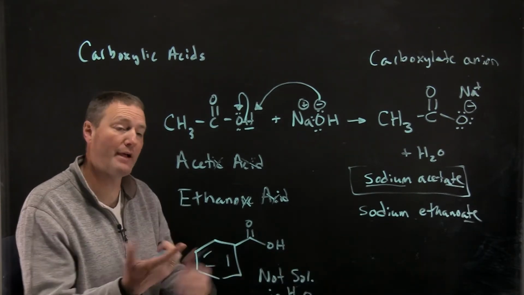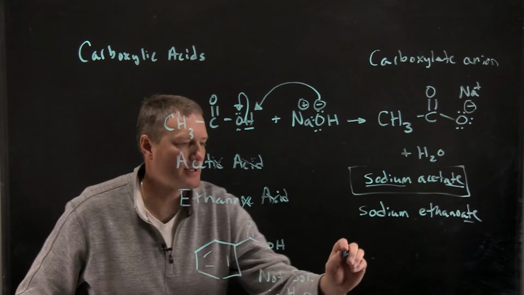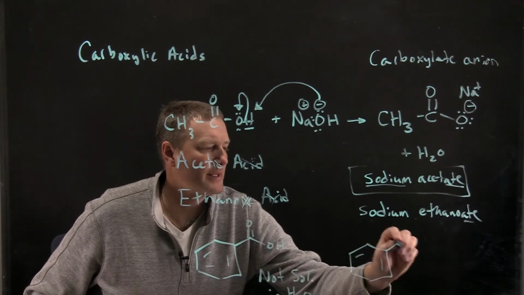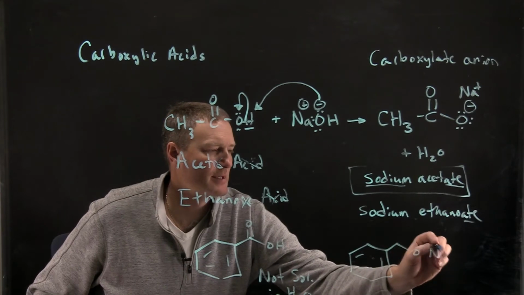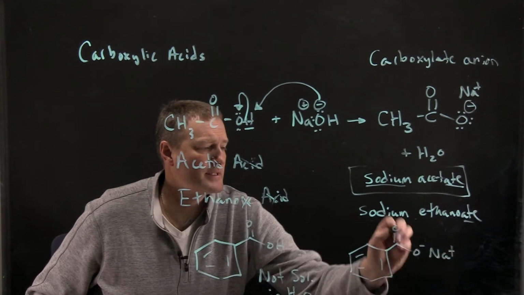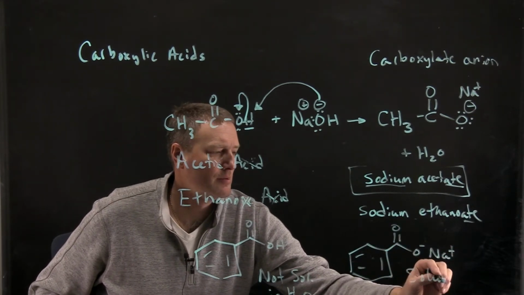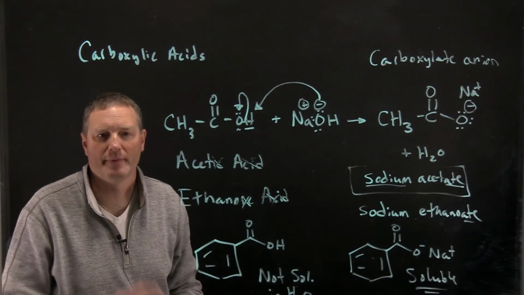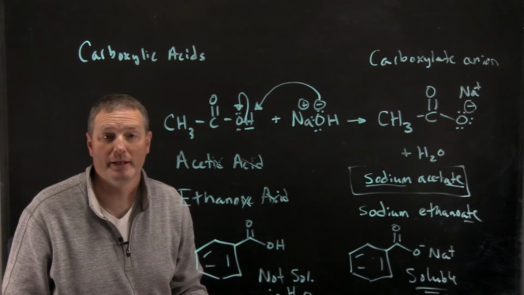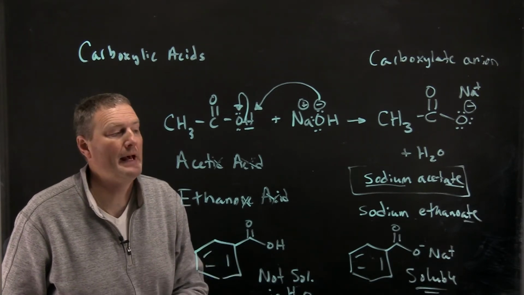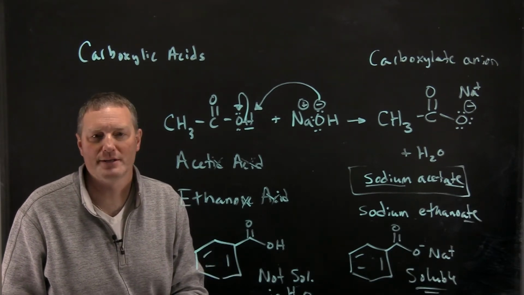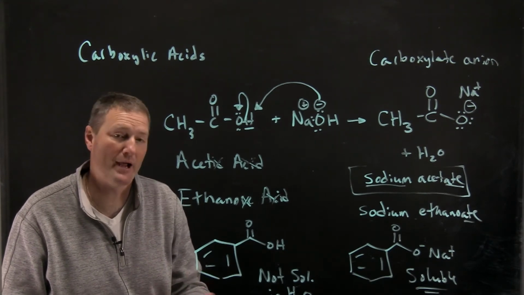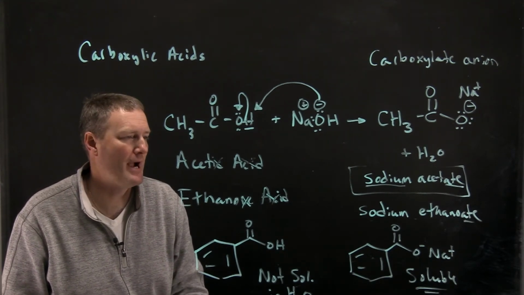However, if I convert it to the sodium carboxylate salt and get the compound sodium benzoate, this is soluble. So in general, when you make a carboxylate salt of an acid, the solubility goes way up. And this becomes really important when you start talking about drug molecules and their solubility and bioavailability in our bodies.